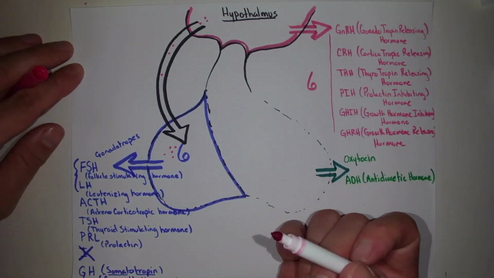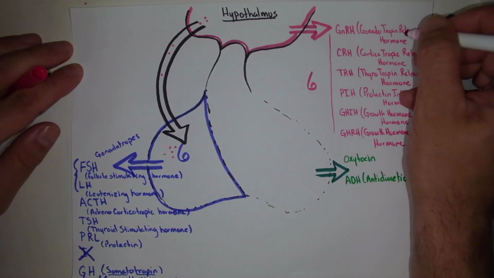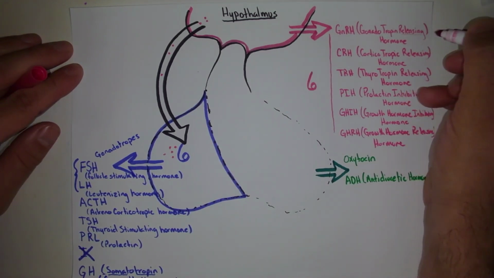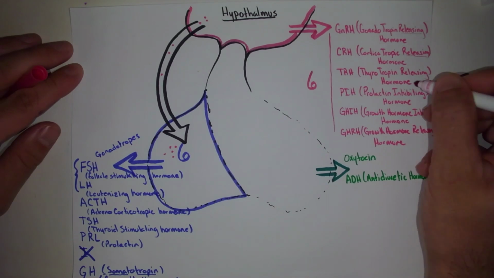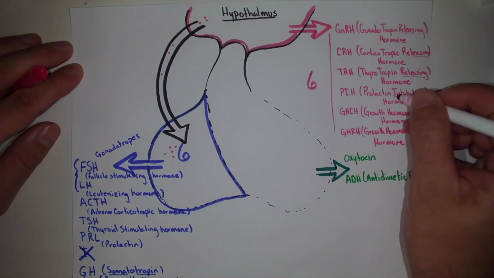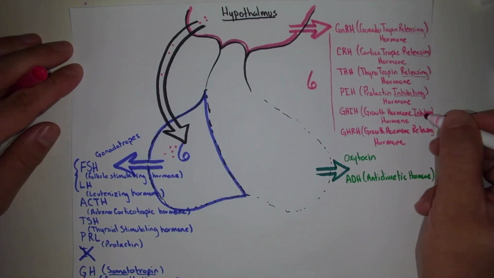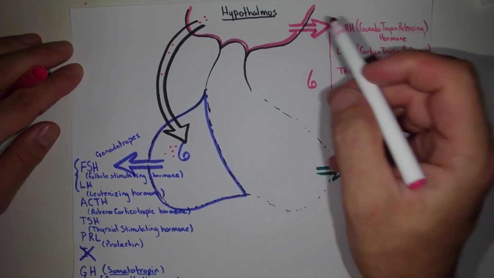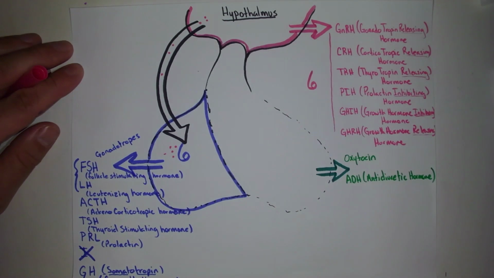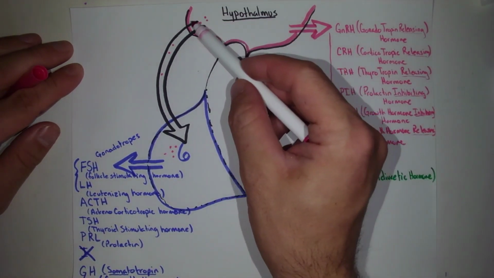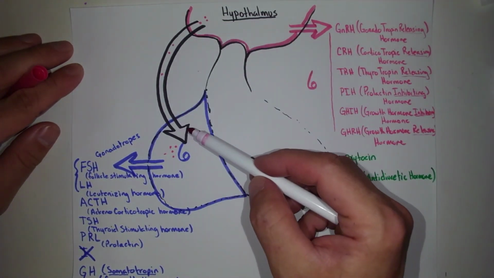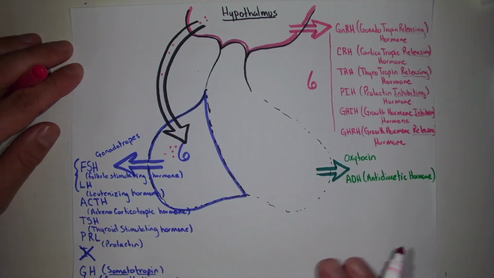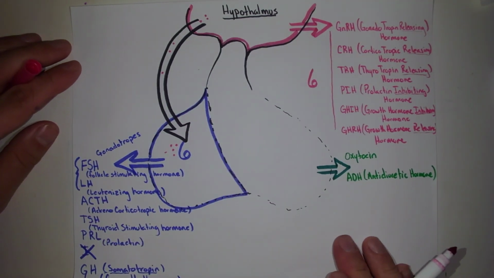Now, there's a trick that I use. If it has the word releasing or inhibiting, it's from the hypothalamus. After all, they cause the release or they inhibit the anterior pituitary hormones.